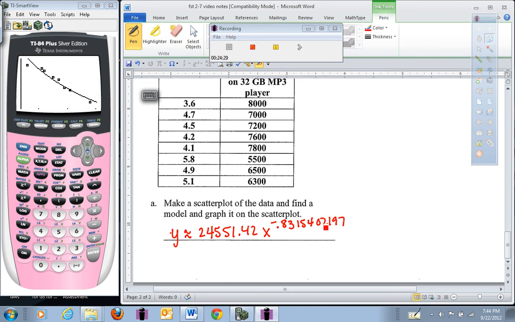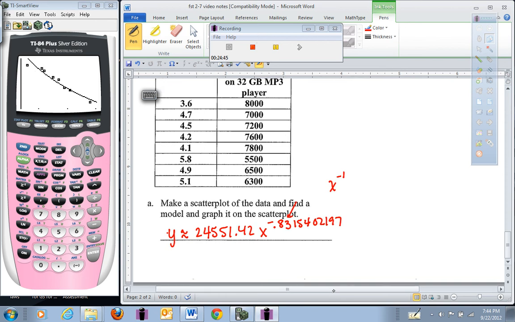You don't probably have all those decimal places written down, but what I want to point out to you is this is further away from our idea of getting x to the negative first power. This is not quite as strong as the other model, but you can see that the points lie a little bit further away.